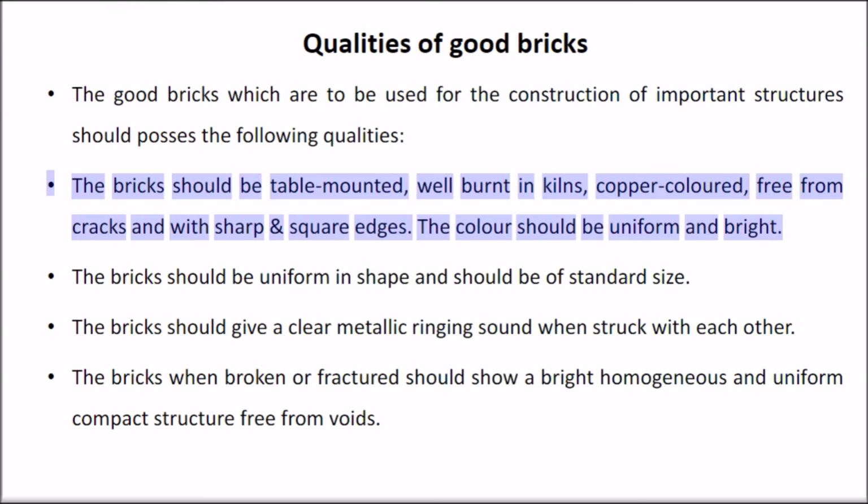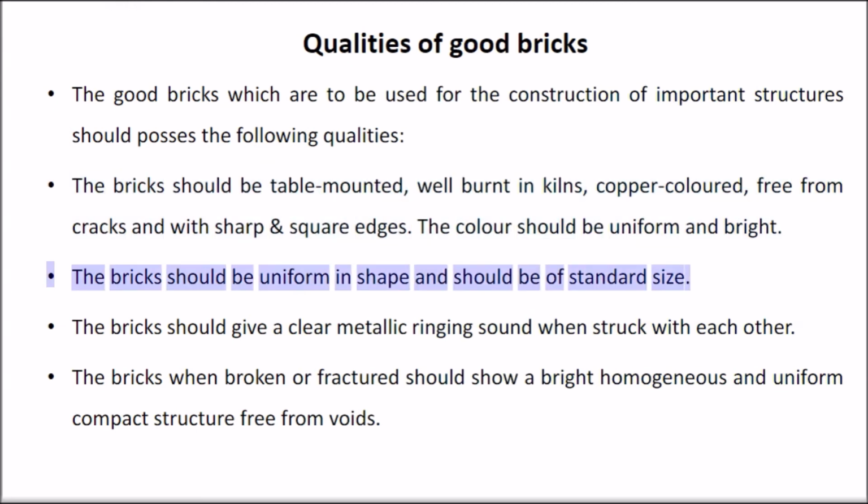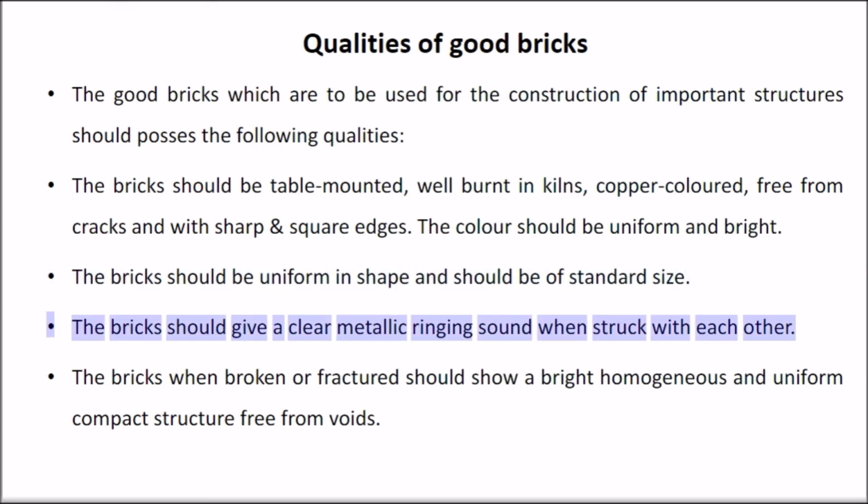The color should be uniform and bright. The bricks should be uniform in shape and should be of standard size. The bricks should give a clear metallic ringing sound when struck with each other.